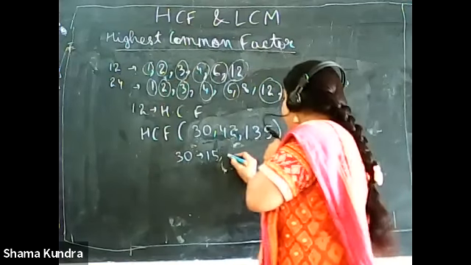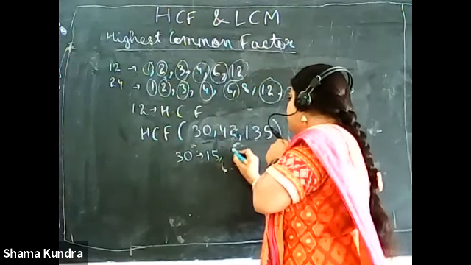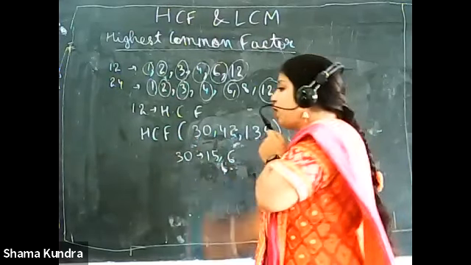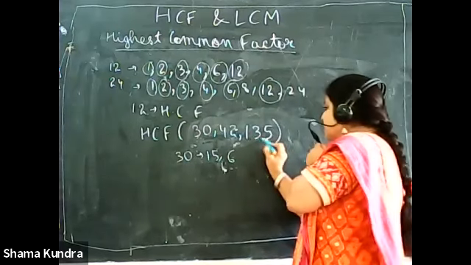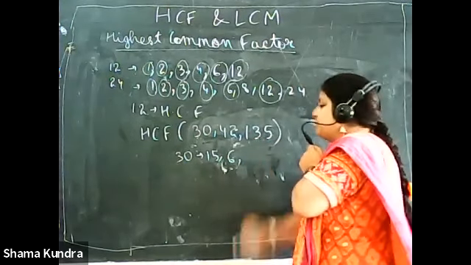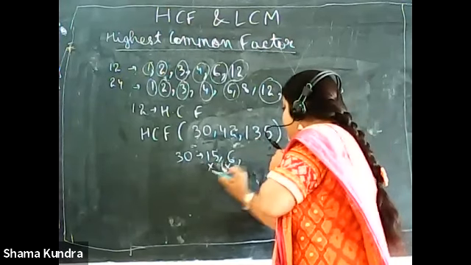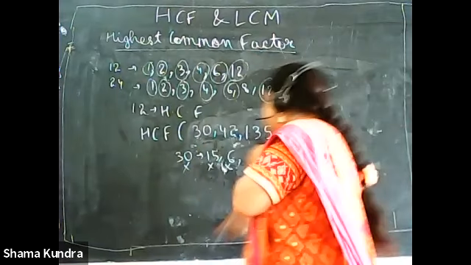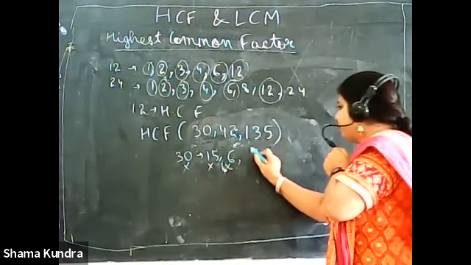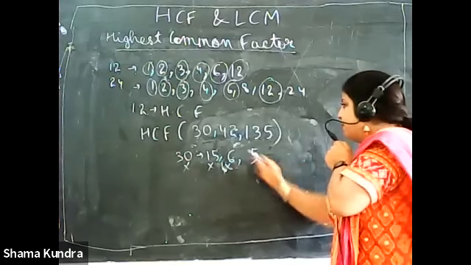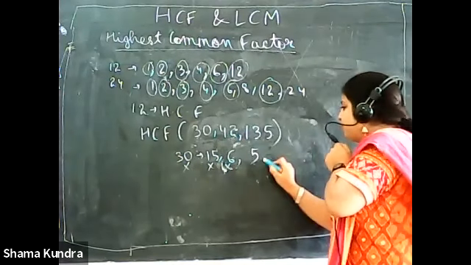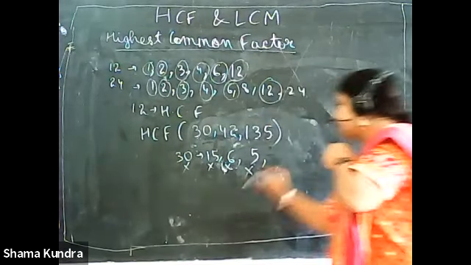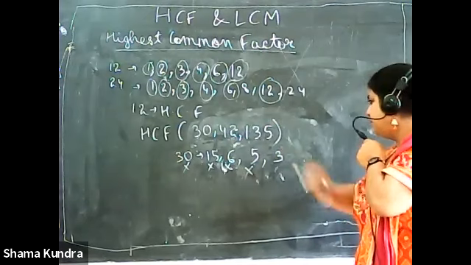Now moving towards the next factor of 30, which is 6. Check whether 6 divides all these three numbers. No, as 135 is not divisible by 6. So rejecting 6 also. Now the next factor of 30, which is 5. But 42 is not divisible by 5, so rejecting 5 also. Now the next factor of 30 is 3.